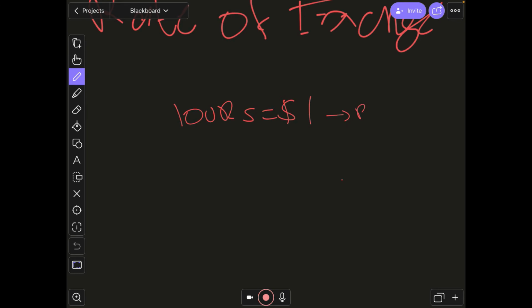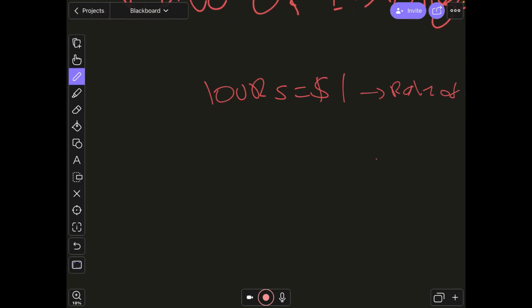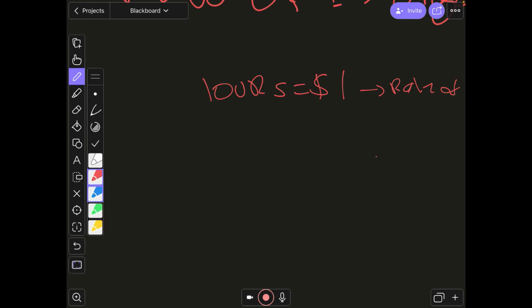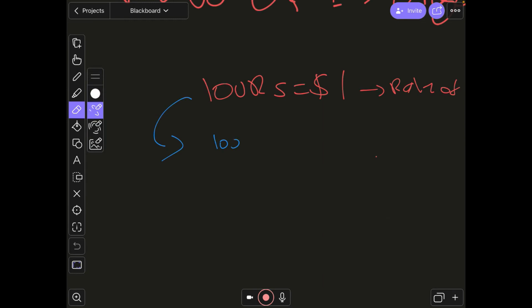This is the rate of exchange. Let's say if this was to change somehow, right? If the currency was to devalue to not 100, well, 150 rupees to $1.